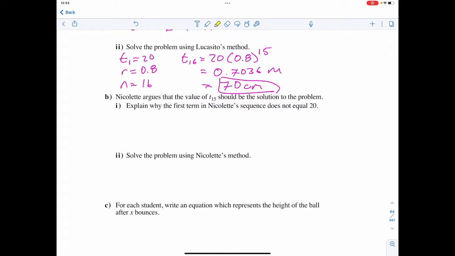Now, if Nicolette says that T15 should be the solution to the problem, then if T15 is after 15 bounces, the first term can't equal 20 because 20 is after 0 bounces. It hasn't bounced yet.